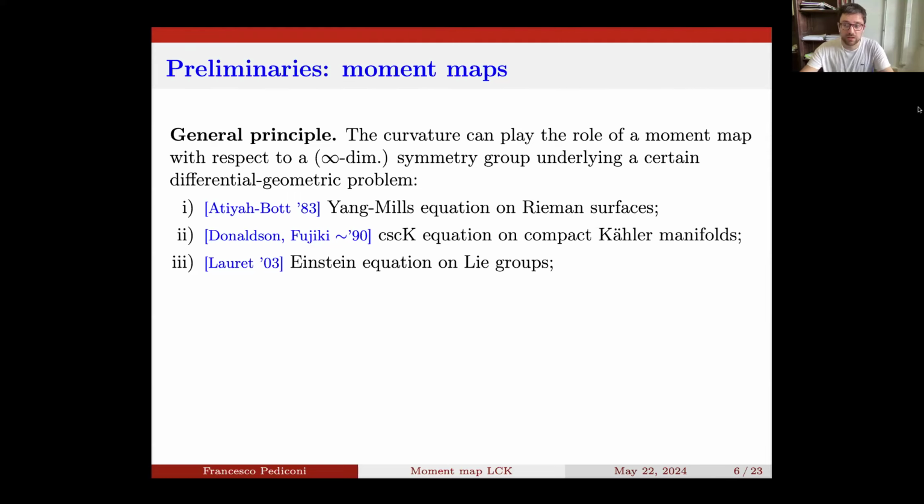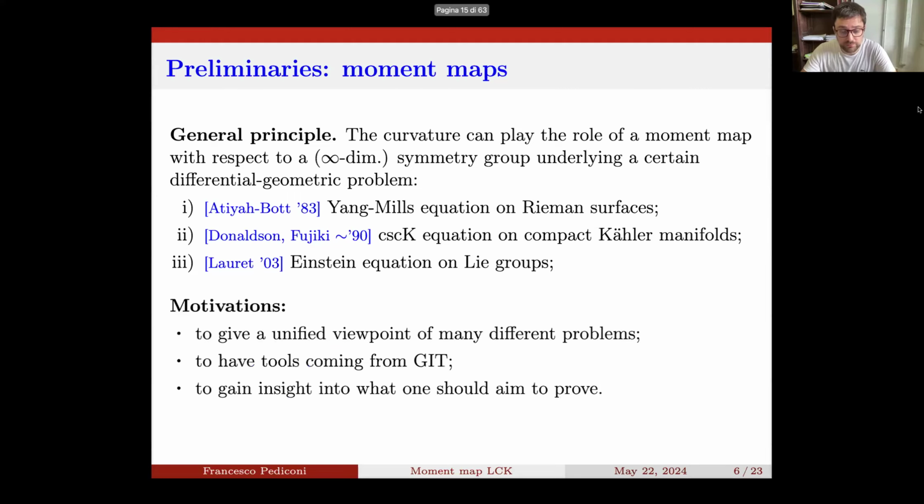So it's widely used in the literature, and the motivation behind the usage of these moment maps in differential geometry is that, in some sense, it gives you a unified viewpoint of many different problems. Sometimes you can use powerful tools coming from GIT in order to study your geometric problems.